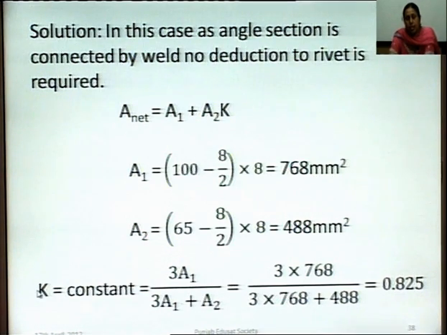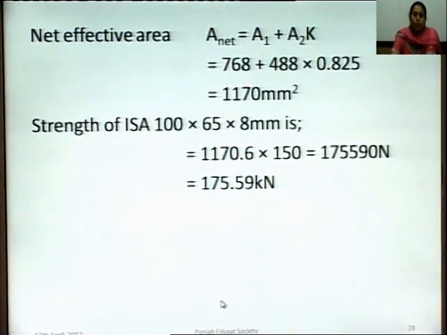Then K will be 3 A1 over 3 A1 plus A2, as in single angle. Then net area will be A1 plus A2 K, and strength of the member will be net area into 150 megapascal, which will be 175.59 kilo Newton.